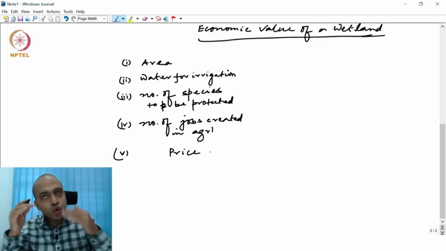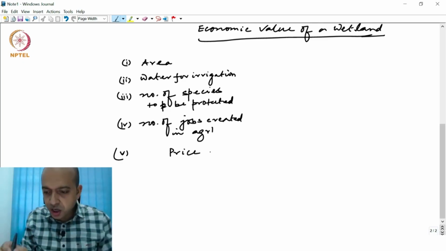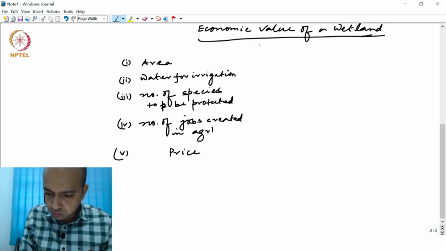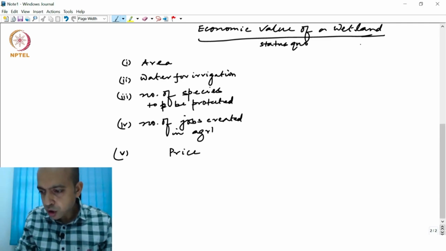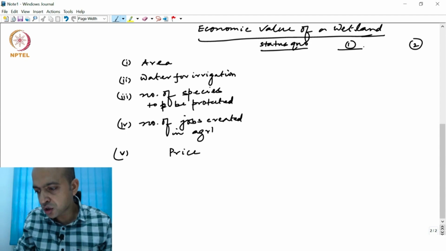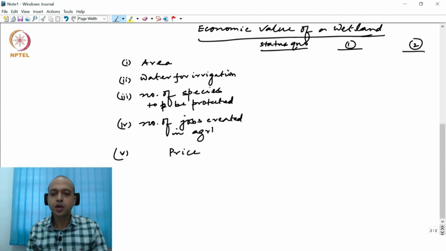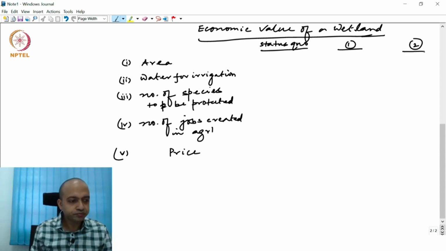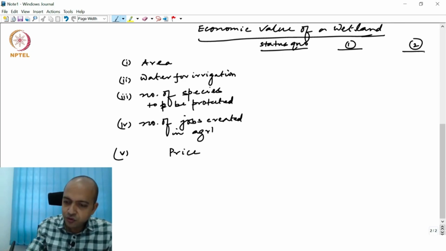And then in choice experiment, the first scenario is always the status quo. Status quo. Then let's say this is scenario 1. Let's say this is scenario 2. So this is status quo, scenario 1 and scenario 2. So in status quo, area is, let's say, 40 hectare.